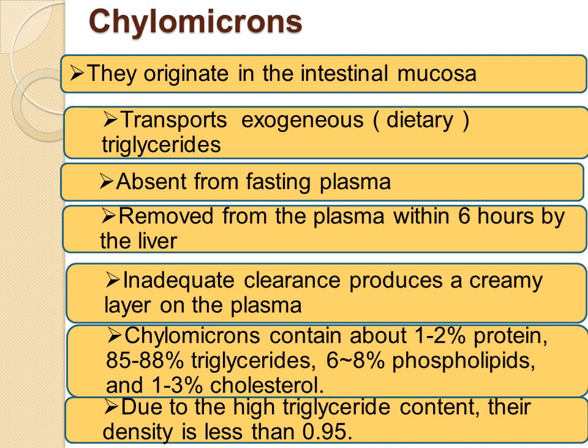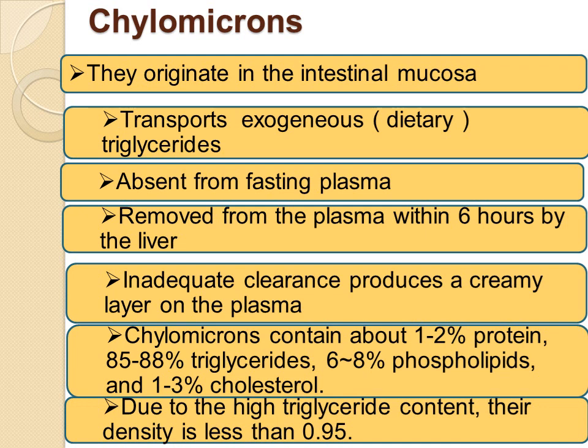Inadequate clearance produces a creamy layer on the plasma. So if we have a defect in the clearance of chylomicrons, it will give us a creamy layer on the plasma. Chylomicrons consist of 1 to 2% protein, 85 to 88% triglycerides, 6 to 8% phospholipids, and 1 to 3% cholesterol. Due to the high concentration of triglyceride, their density is less than 0.95.